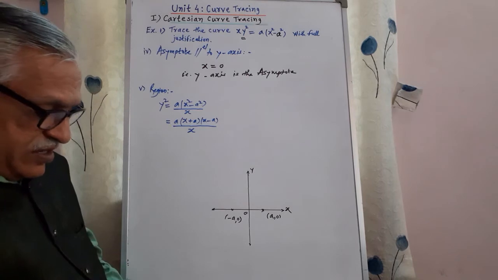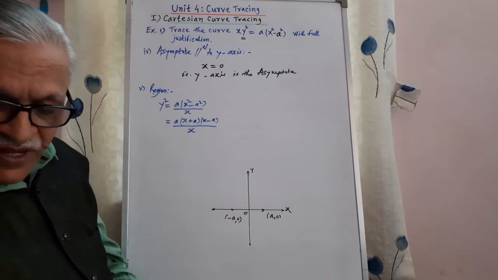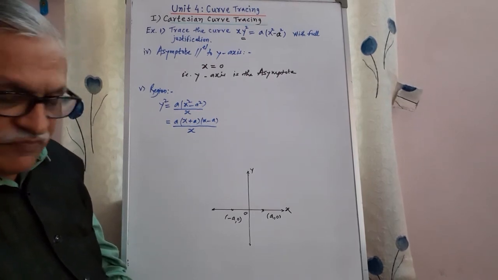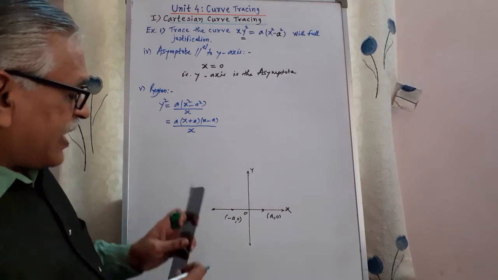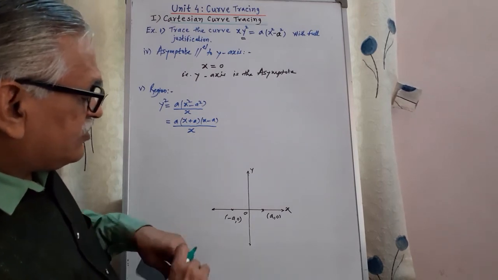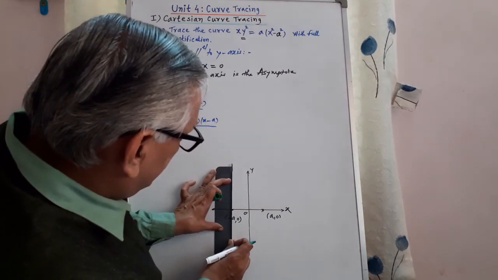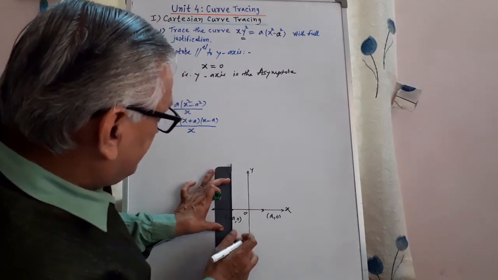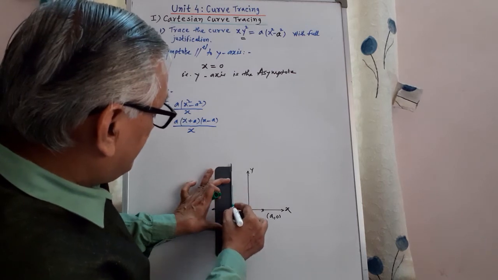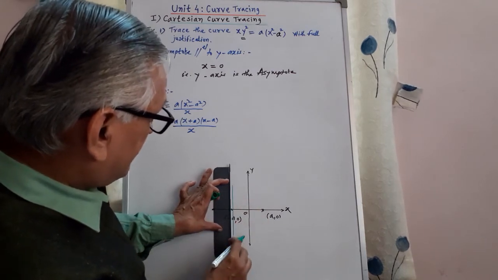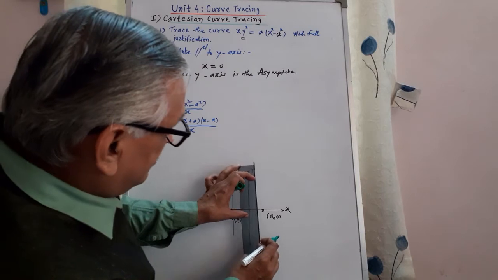Okay, these are the 2 points of intersection, and at these points of intersection we have a tangent to the curve. The y-axis is the tangent, or the new y-axis is the tangent. Therefore, this is the tangent.